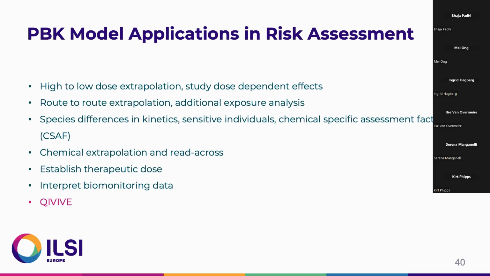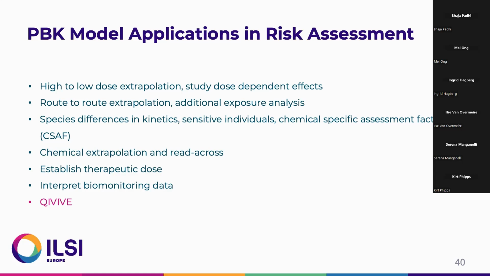Within the remit of EFSA and these risk assessment reports of foods, we can use them to establish chemical-specific assessment factors. So instead of the uncertainty factor to account for species differences in kinetics, you can use these models to actually show the difference in kinetics between different species.